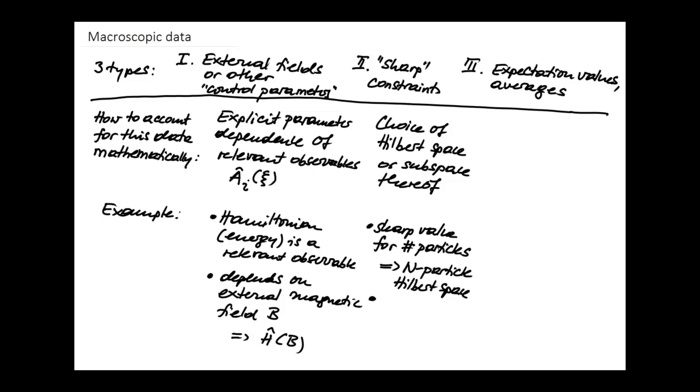Again, you have to take this with a grain of salt. It's always within a certain measurement accuracy, but in principle it's given as a sharp value. So example number 2, sharp value for energy. In that case, how do you account for that?